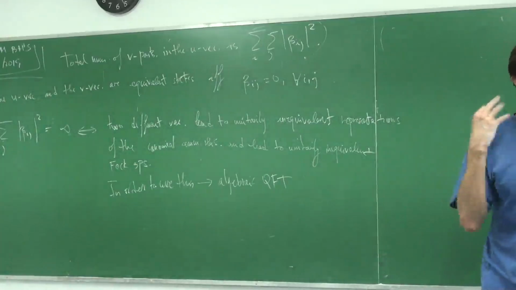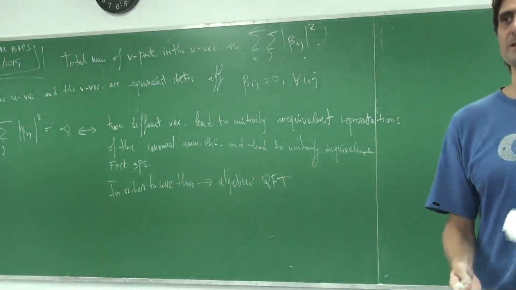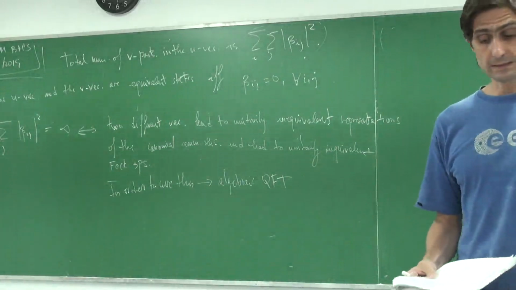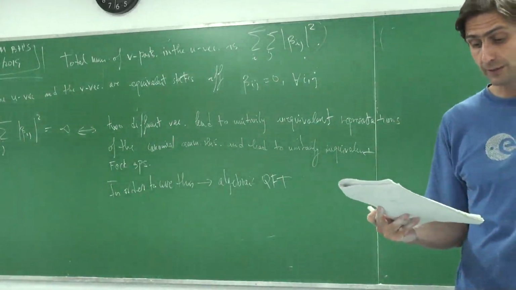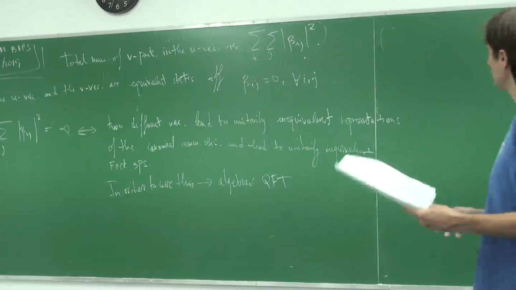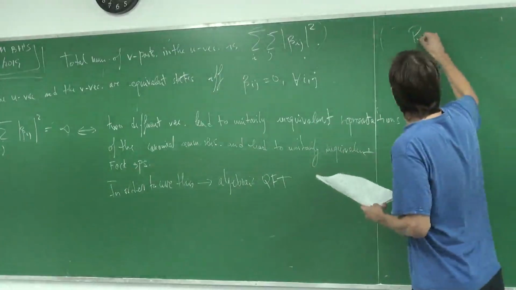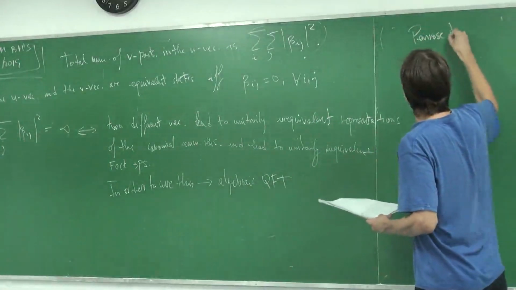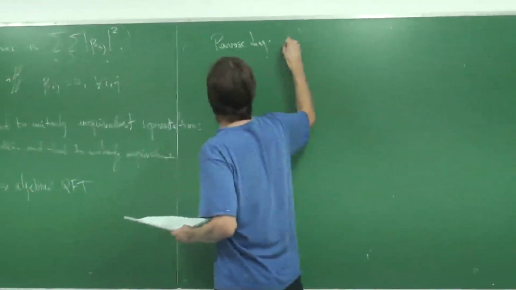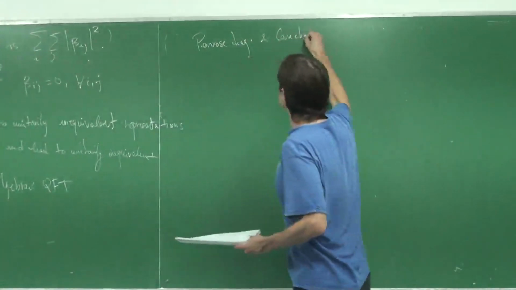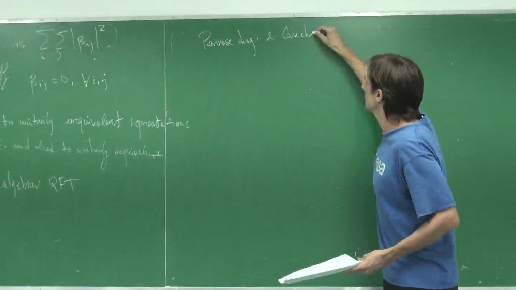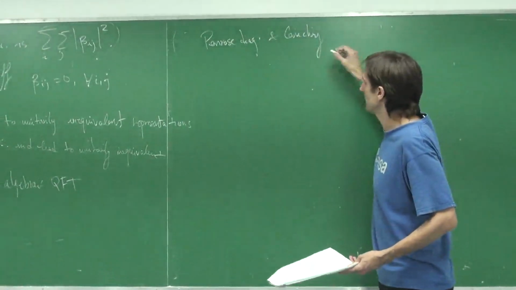You have to be acquainted with Penrose diagrams. I'm going to do it in detail in the case of 2D space-time. So this is Penrose diagrams and Cauchy evolution. I'll see if I do this explicitly or not in Schwarzschild space-time.